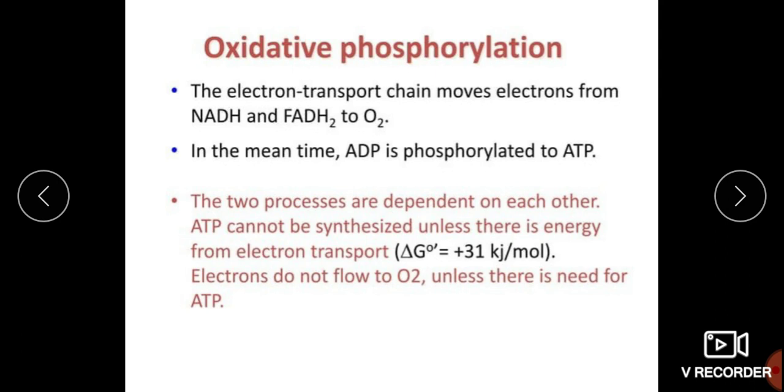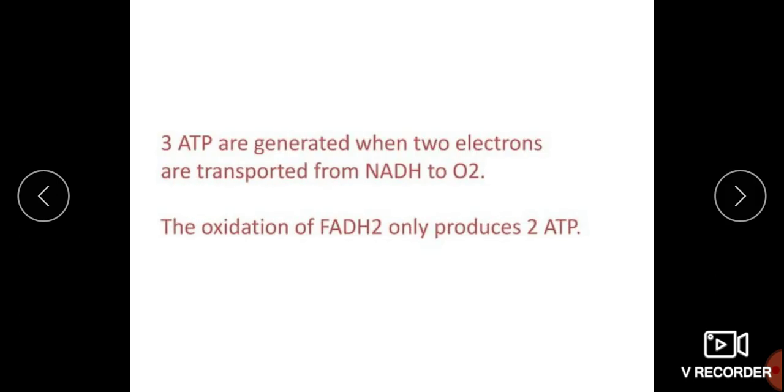ATP cannot be synthesized unless there is energy from electron transport, that is 31 kJ per mole. Electrons do not flow to O2 unless there is a need of ATP. 3 ATP are generated when 2 electrons are transported from NADH to O2. 2 ATP are generated when 2 electrons are transported from FADH2 to O2.